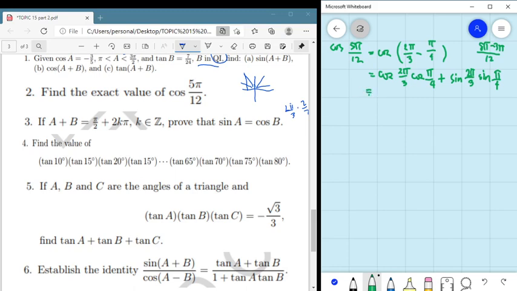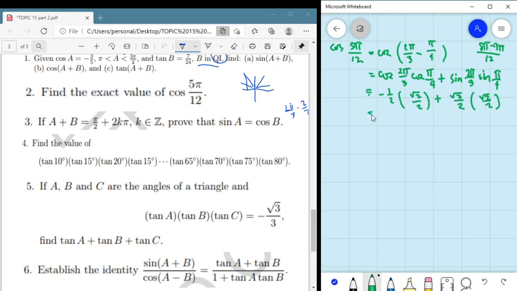So, the cosine there is negative 1/2. Then, the cosine of pi over 4 is square root of 2 over 2. Plus sine of 2 pi over 3 is square root of 3 over 2 times square root of 2 over 2.